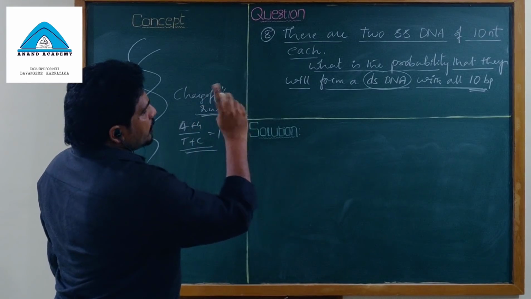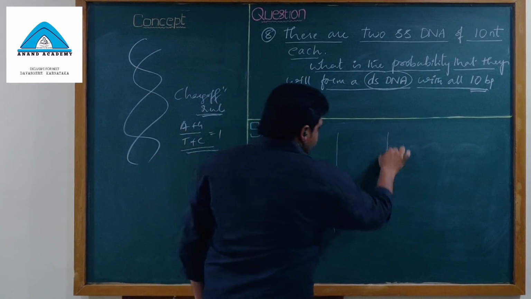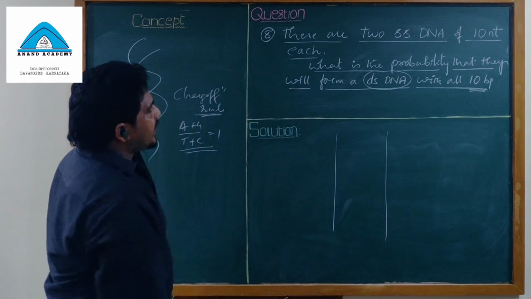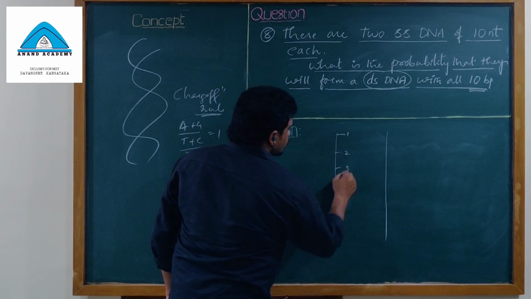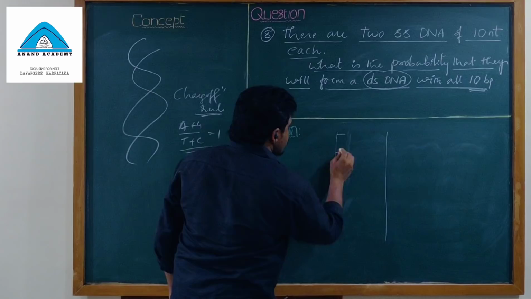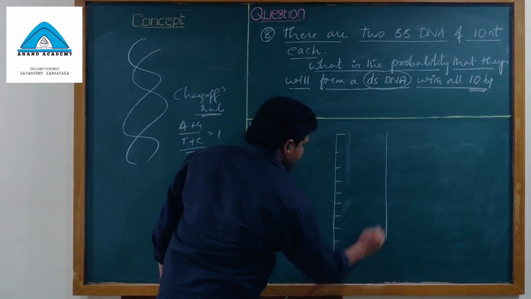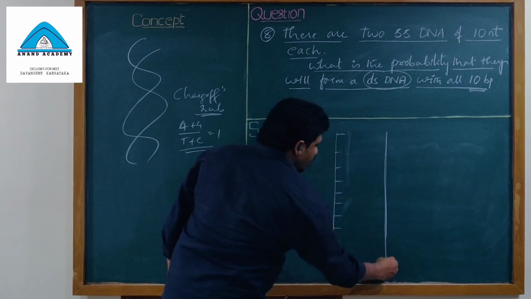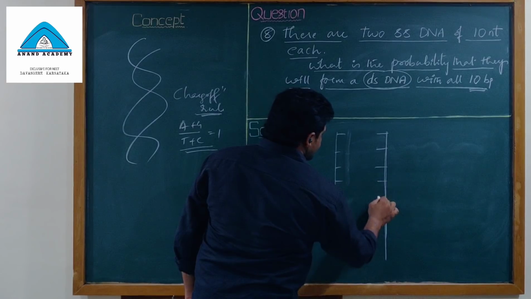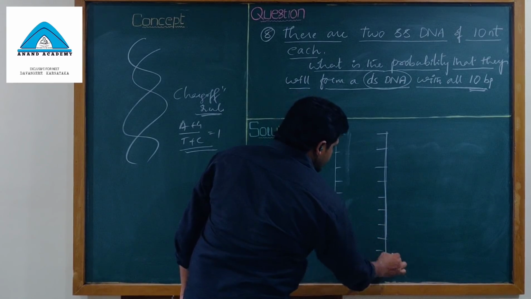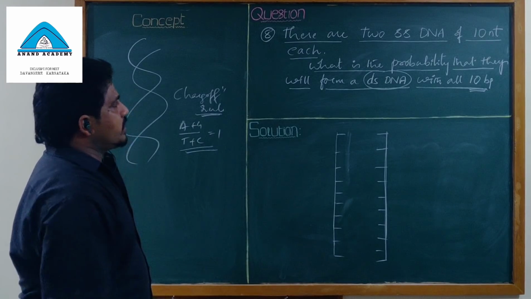So single stranded DNA molecules, that are 2. This is a single strand DNA molecule and this is also a single strand DNA molecule, and each has 10 nucleotides: 1, 2, 3, 4, 5, 6, 7, 8, 9, 10, and this is also the same, but they are not connected together.